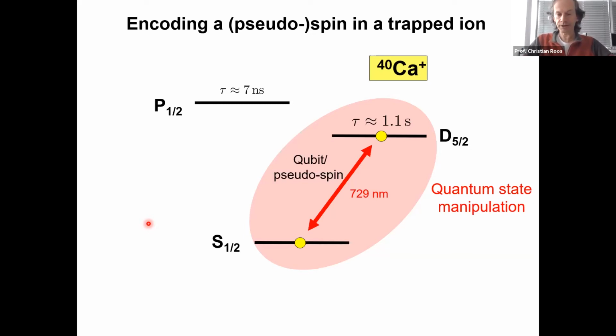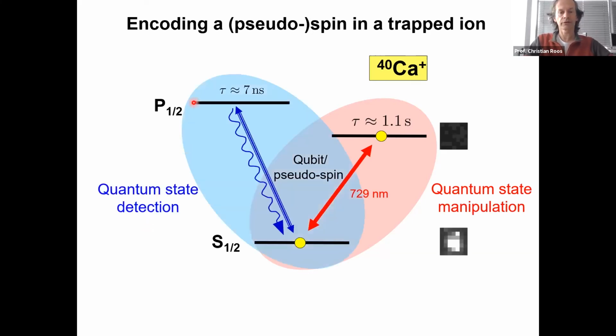And on the other hand, we can also carry out efficient quantum measurements of this qubit by using the transition to the short-lived level. The short-lived level cannot decay to the metastable state because of selection rules, and it can only decay back, and therefore we have here a closed transition on which we can scatter plenty of photons. This presents a way of projecting the qubit either into the fluorescing state, if it's the S1/2 state, and then we will see on the camera, for example, the image of a fluorescing ion.